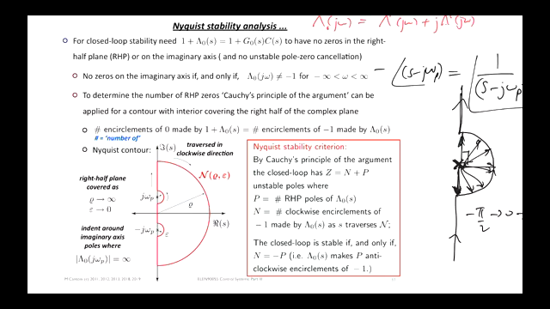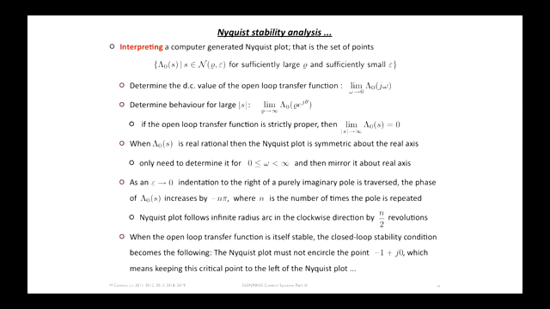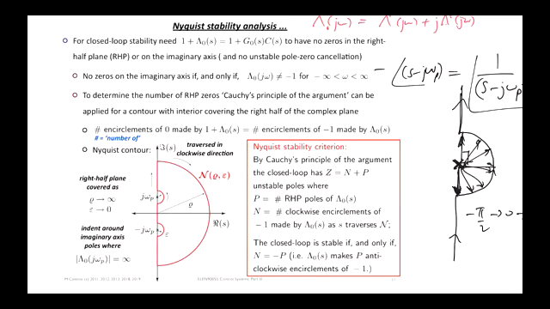In the case that we're dealing with a strictly proper open loop transfer function, in other words the relative degree of lambda is a positive number, then as this goes to infinity and we're evaluating around here, the magnitude is 0, okay? So often you don't see what's happening as we go around here on the Nyquist plot because it's all collapsed into 0, because as we take this radius to infinity, the magnitude of lambda, if it's strictly proper, will be 0.